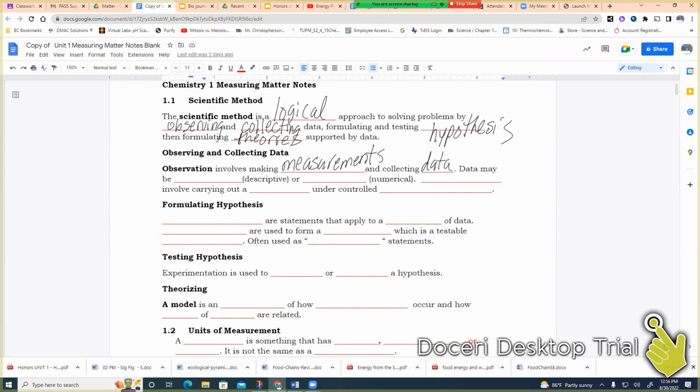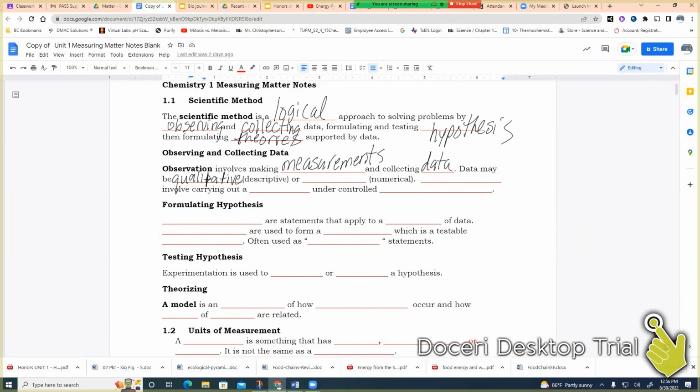Data may be qualitative, Q-U-A-L-I-T-A-T-I-V-E. So that's data that's just descriptive.